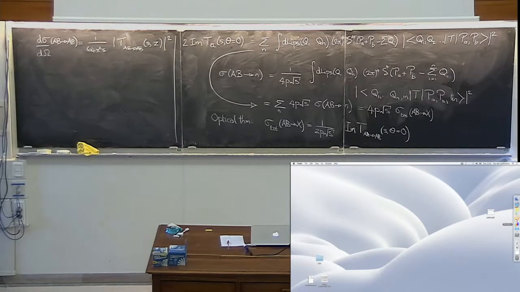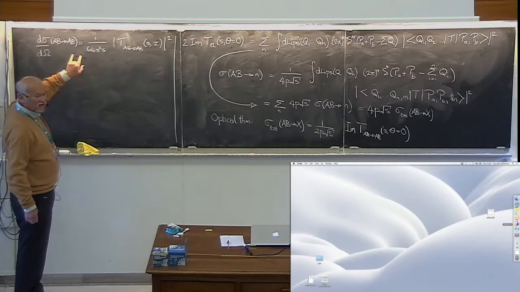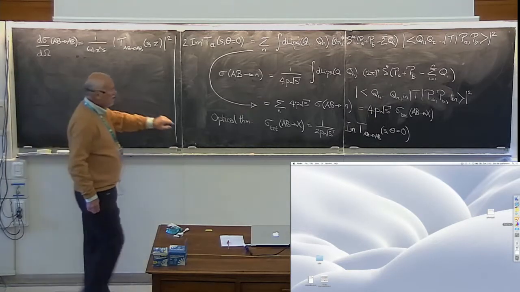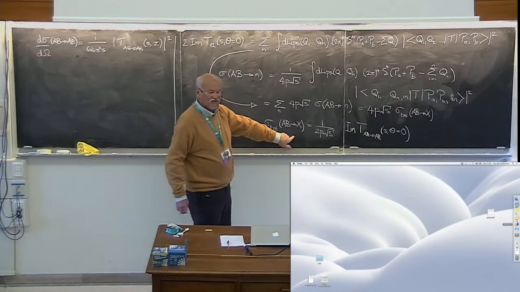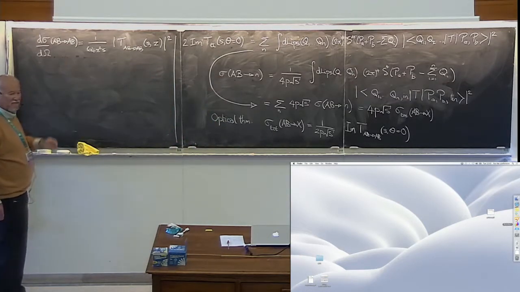Now, we know that the total cross-section is the cross-section for AB to go to anything. One part of it is the cross-section for AB to go to AB, and then there are many, many other channels. So let's turn this also into a cross-section. This is a differential cross-section. This is a total cross-section. So what we need to do is integrate this over omega.